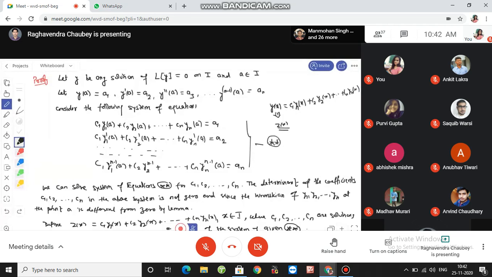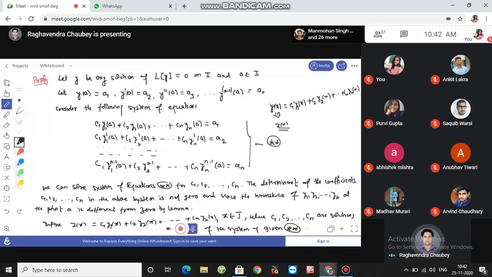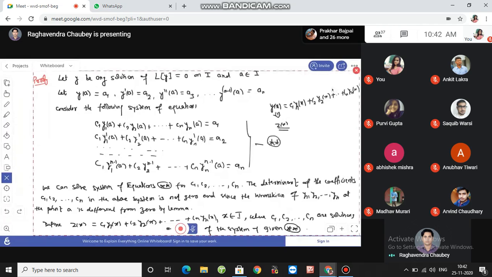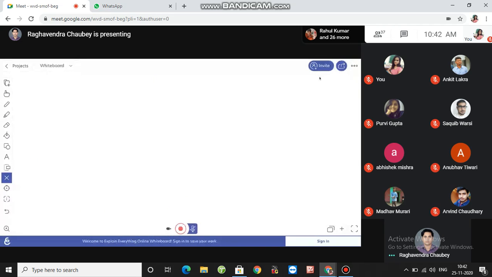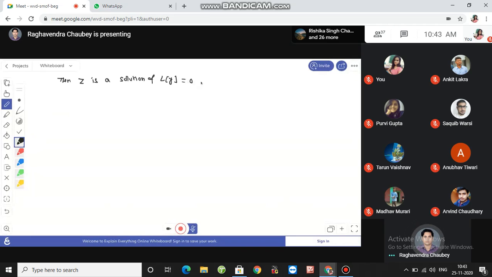So you can write here, on the next page, this Z. Then Z is a solution of Ly equals to 0.